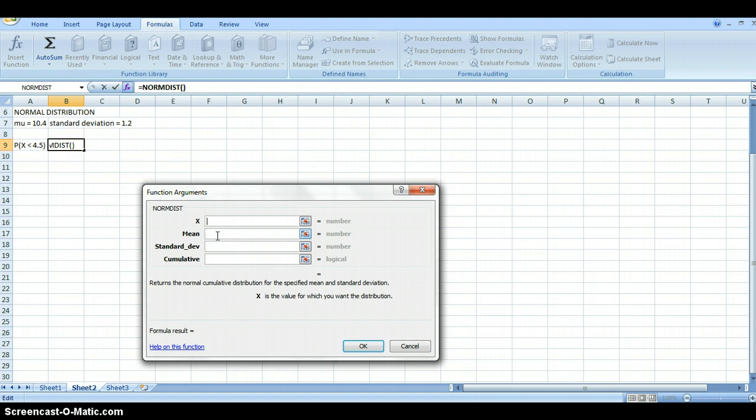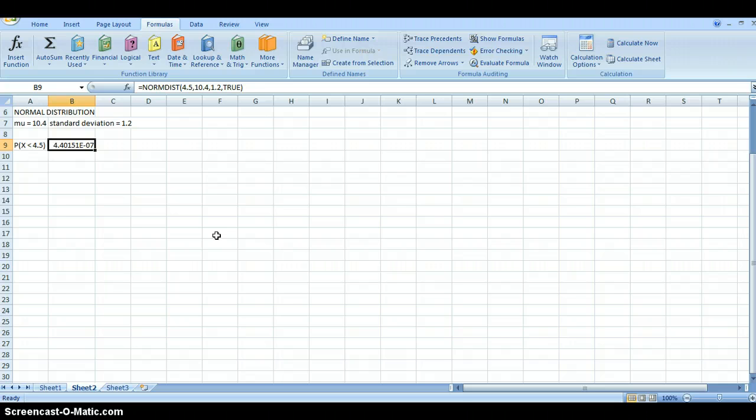Well, in this case, my x is 4.5. My mean is 10.4. My standard deviation is 1.2. And now it's asking again, is this cumulative? And this is cumulative up to that number. It's not including the 4.5. So that's why the x is 4.5. So here we're going to put true. And we get a very small probability.